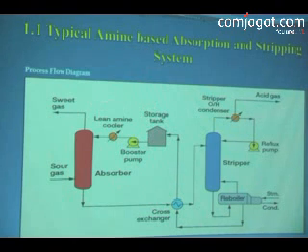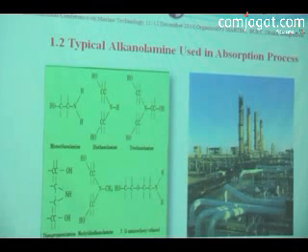Normally we use monoethanolamine, diethanolamine, triethanolamine, diisopropanolamine, and methyldiethanolamine. These are basically primary, secondary, and tertiary amines.